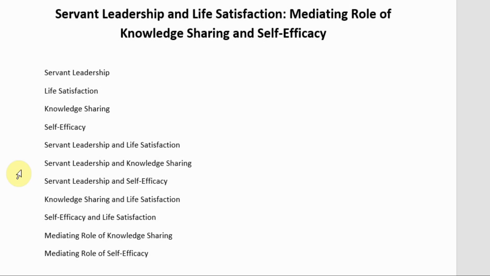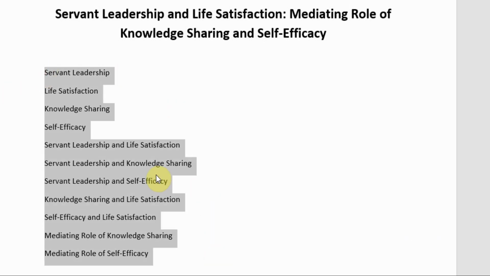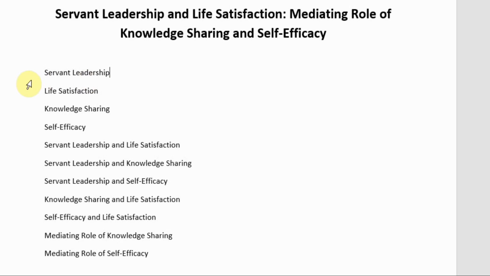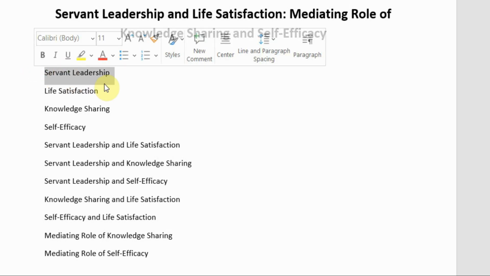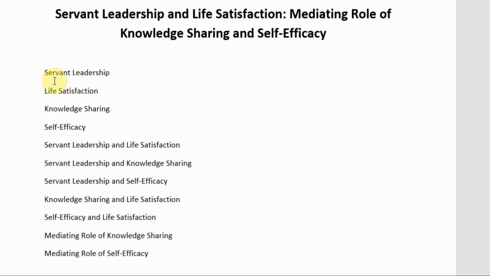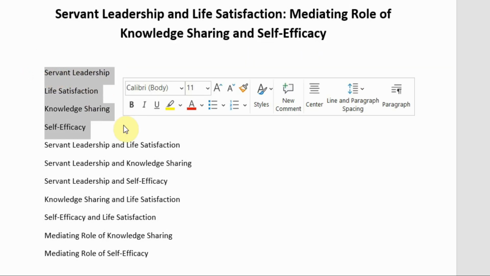Now what I will do is, I will try to create these in QDA Miner Lite as categories, and in each category I will have different codes. When we are individually discussing a variable, let's say servant leadership, the first step is that we look for their definitions.